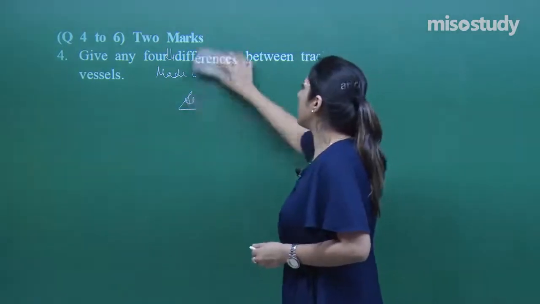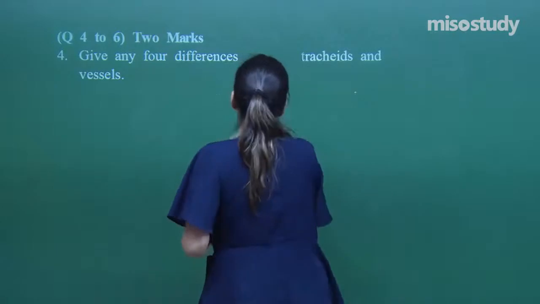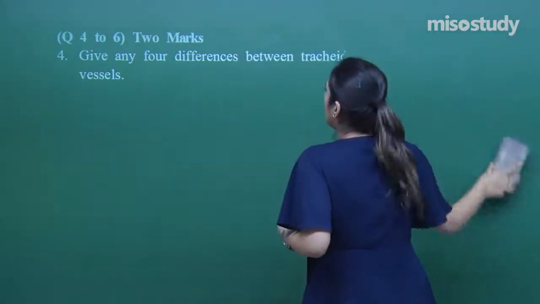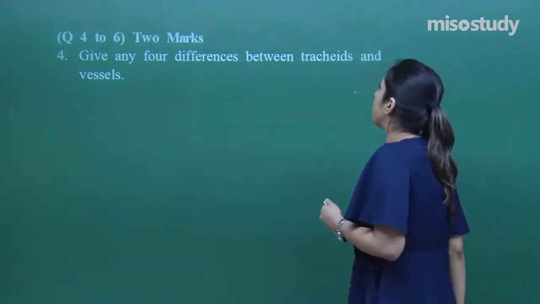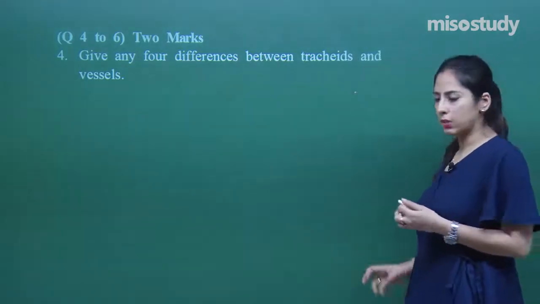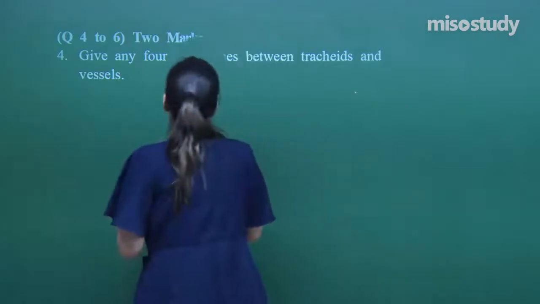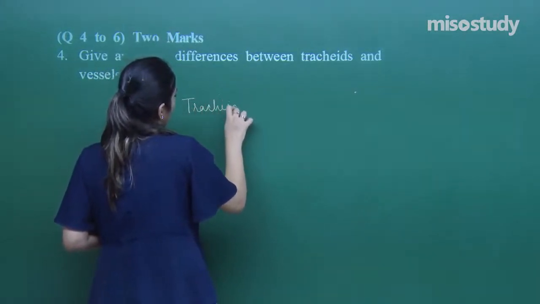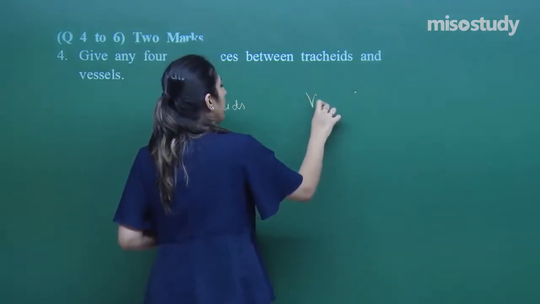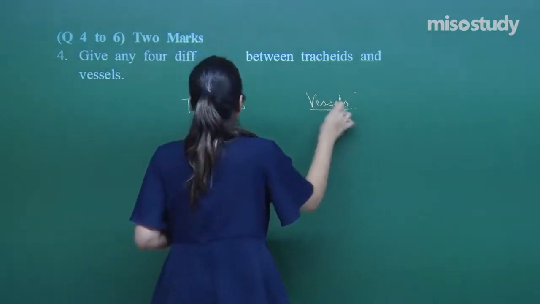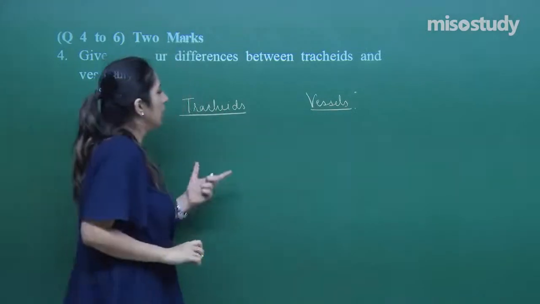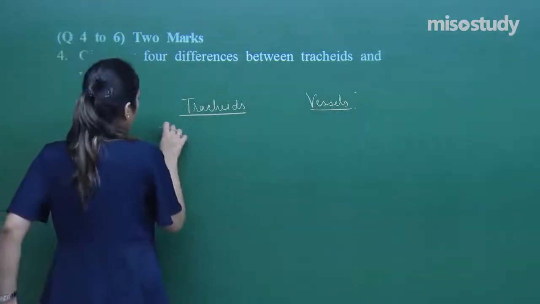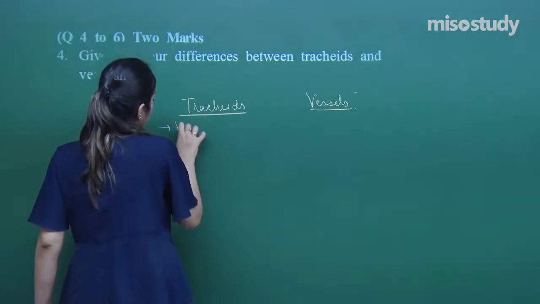This question is from the next category, that of 2 marks, so you have to explain in a bit of detail. Give any 4 differences between tracheids and vessels. Now let's write about tracheids, and second, we have to explain the vessels. First of all, tracheids are unicellular, made up of a single cell.